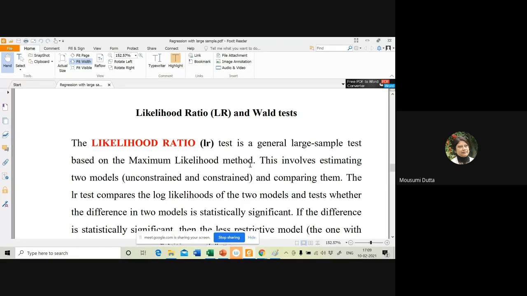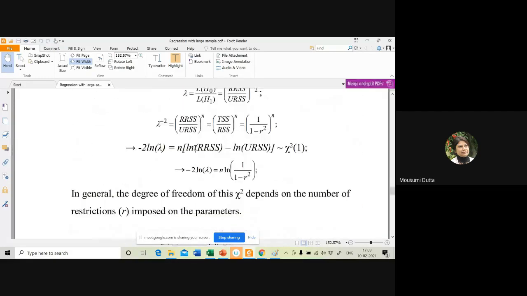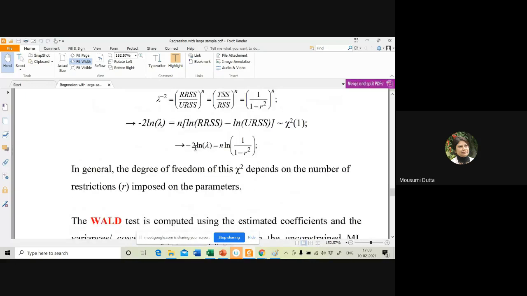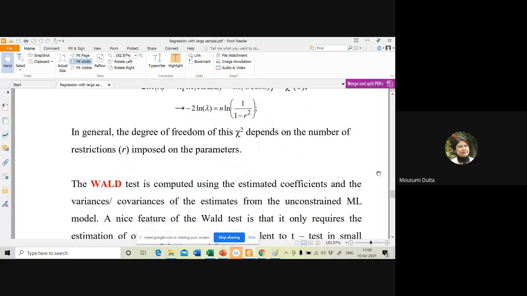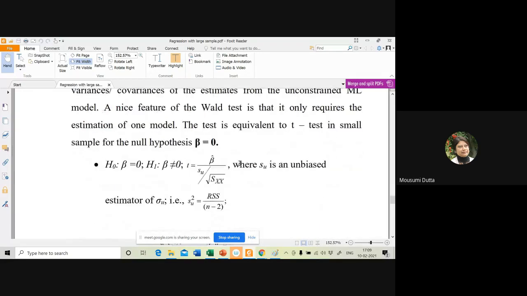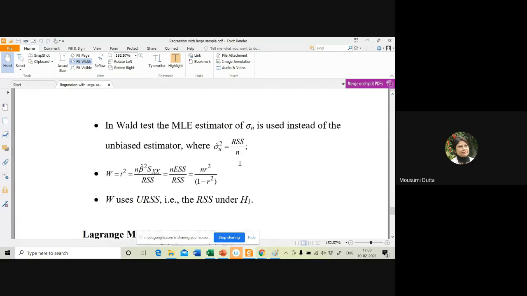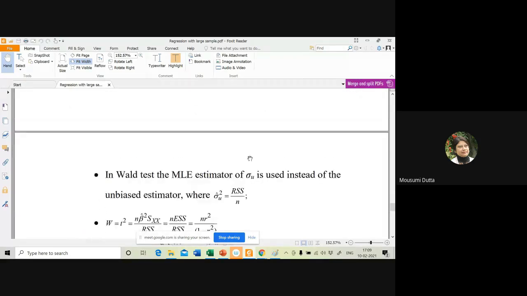That you did. When you move to the large sample, you will find that most of the tests are based on the chi-square distribution. We can use the likelihood ratio test, we can use the Wald test, and you will find that everything is based on the chi-square distribution.